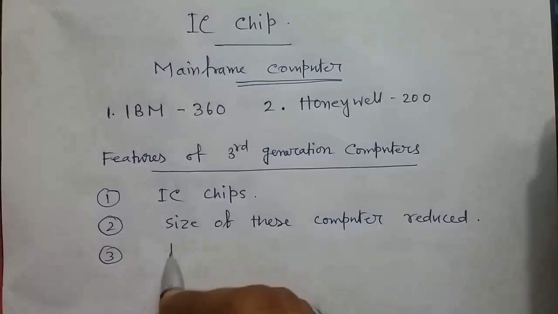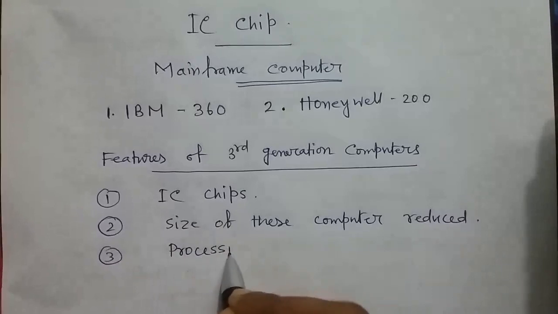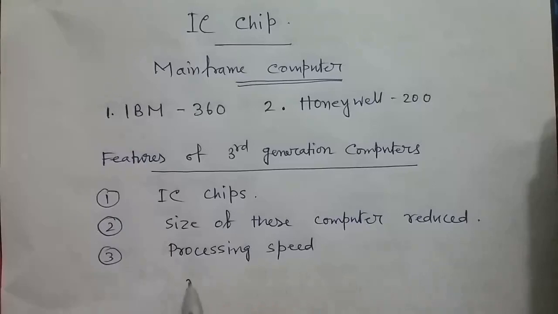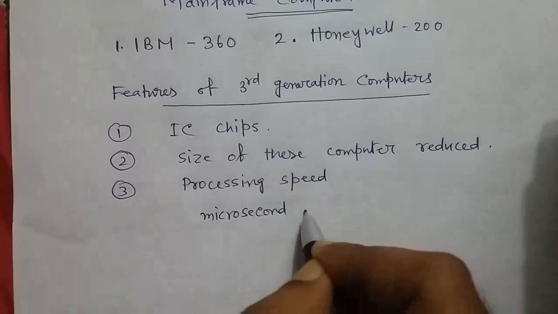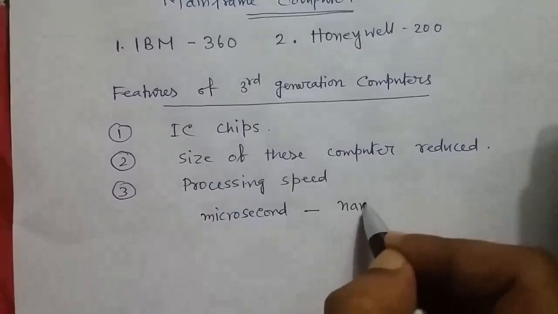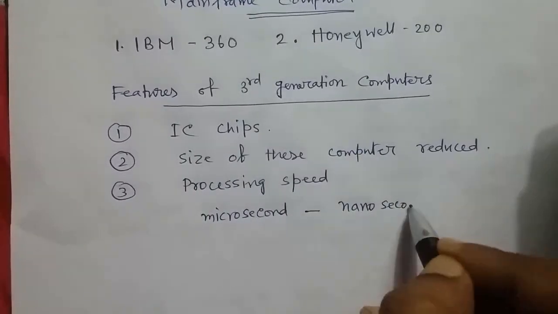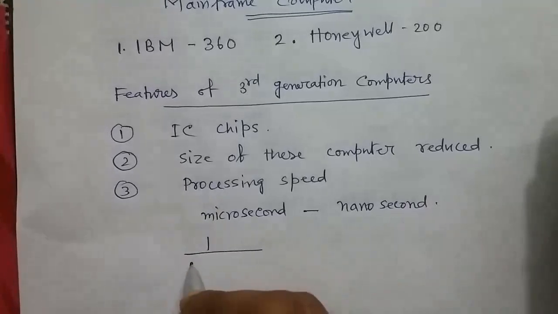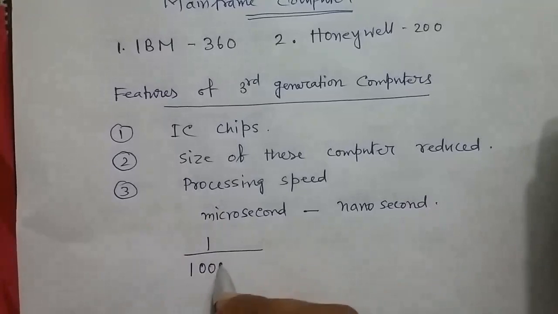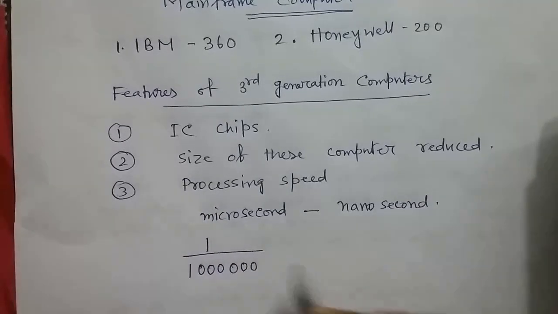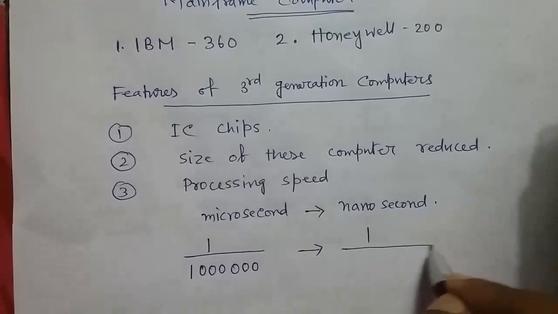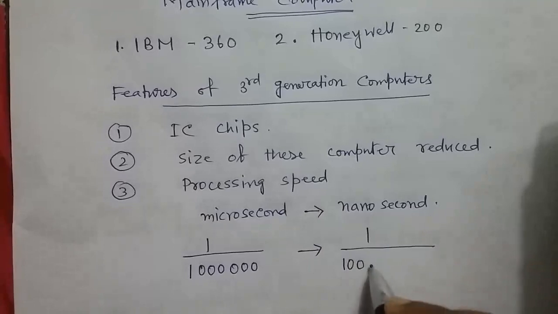And number 3, the processing speed. Processing speed increased from microsecond to nanosecond. Microsecond, as you already know, means 1 by 10 lakh seconds, and nanosecond means 1 by 100 crore seconds.